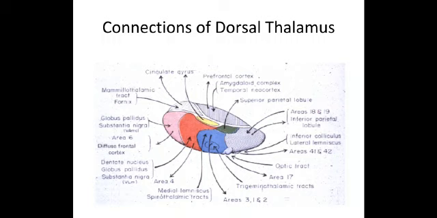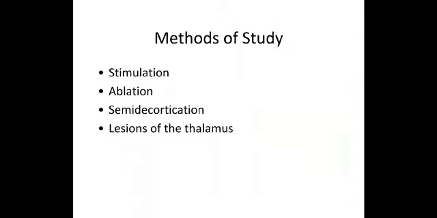So we have afferents and efferents. There are different ways of studying the thalamus, which can be either stimulated or sectioned with ablation, causing semi-decortication, and by various lesions.